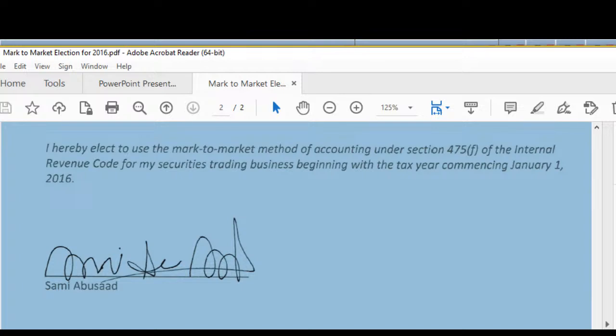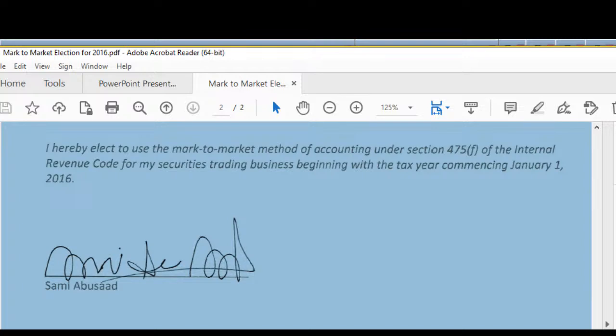Once you do this, when you open an account, or if your account is opened already, you have to send this letter to your broker. So I had to give this to TradeStation, to E-Trade, to the different brokers that I use, and they have to code your account manually, so it might take a couple weeks.